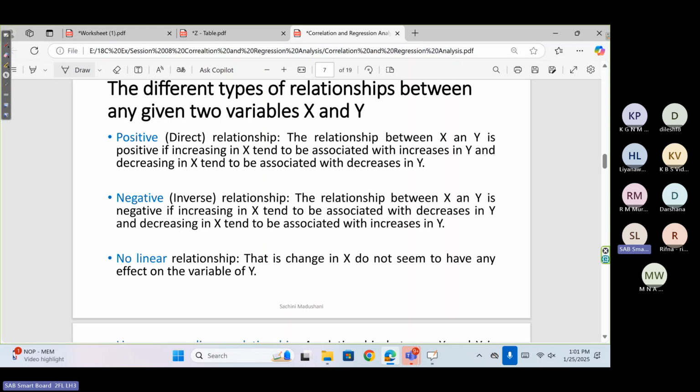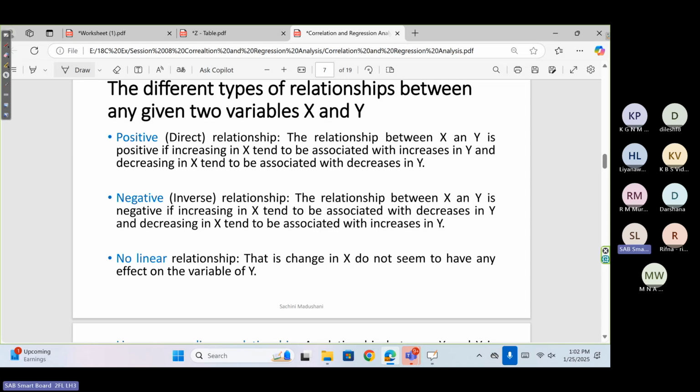So a change in the independent variable does not affect the dependent one. That means no linear relationship.